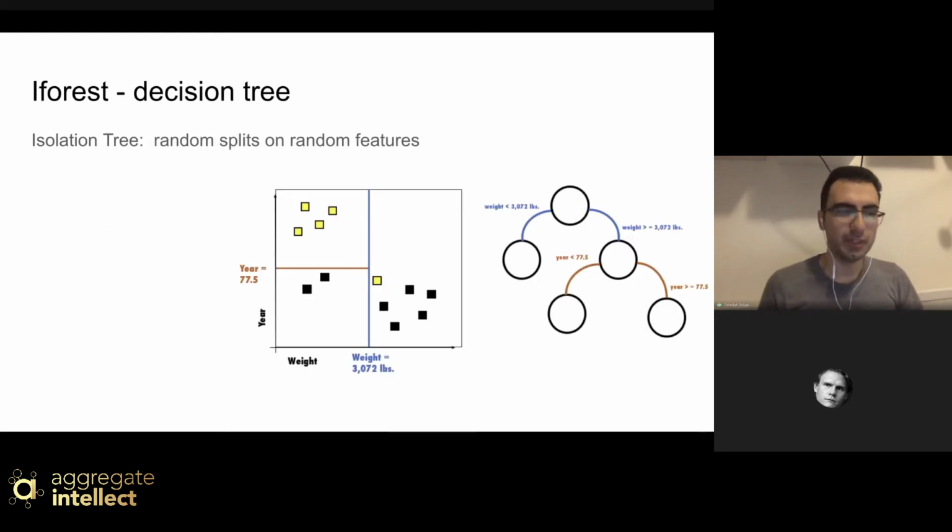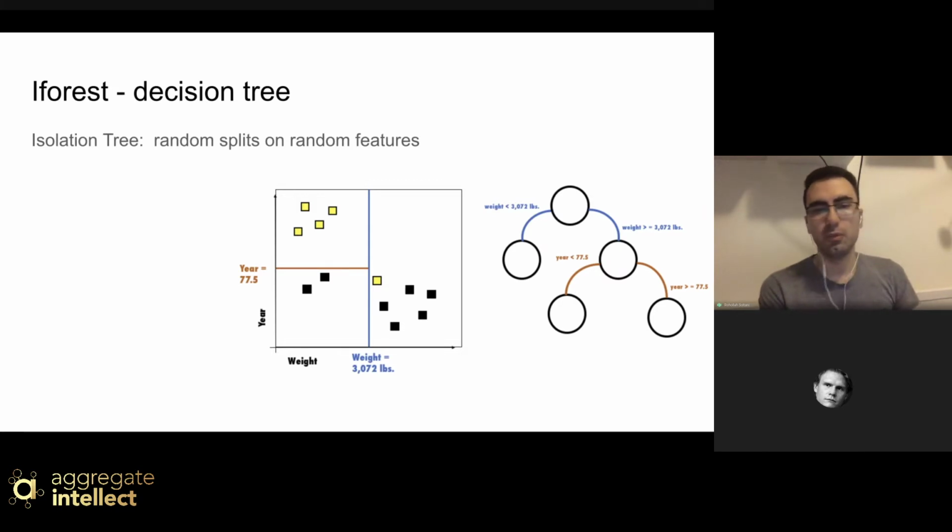First thing first, what is isolation forest, or iForest? The building block of the iForest algorithm is a decision tree. It's a tree that at each step picks a feature and makes a decision based on it. Here, at the first level, it would be, let's say, whether weight is more than something or less than something.